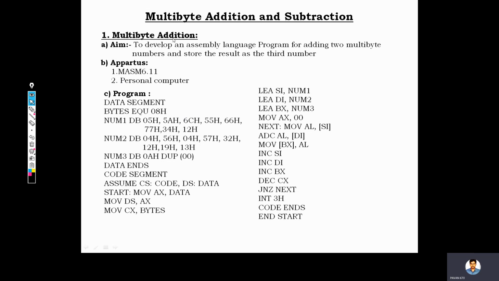Coming to the multi-byte addition, the main aim is to write an assembly language program to perform addition of two values, get the result, and store the result in another memory location. Since the experiment is a multi-byte addition, we have to deal not with a single byte of data but with multiple bytes of data.